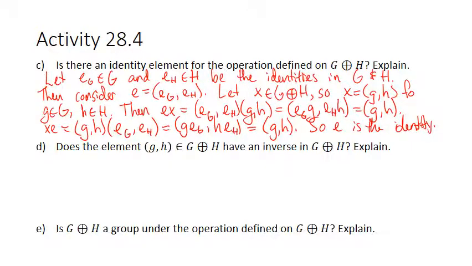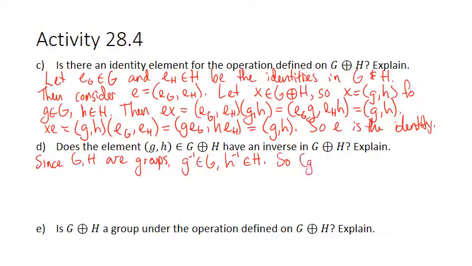Okay, so now let's look at part D. Does the element (g, h) in the external direct product of G and H have an inverse? Just like we did for the identity, we're going to use the inverse of little g and little h. Since G and H are groups, we have g prime in big G, and we have h prime in big H. Those are elements that exist. So (g inverse, h inverse) is in the external direct product.